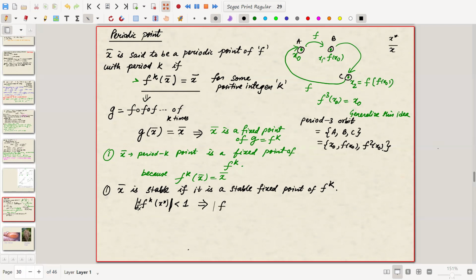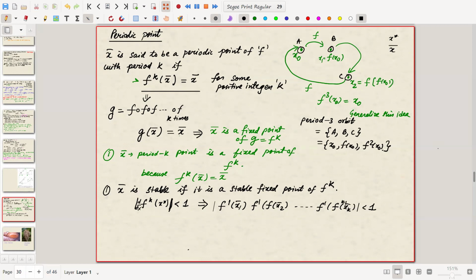that, let me write it down, it's in my notes anyway: f prime of x1 bar, f prime of x2 bar, and so on, where x1, x2, all these are periodic points till xk, down to f prime of xk, and this product is less than 1.